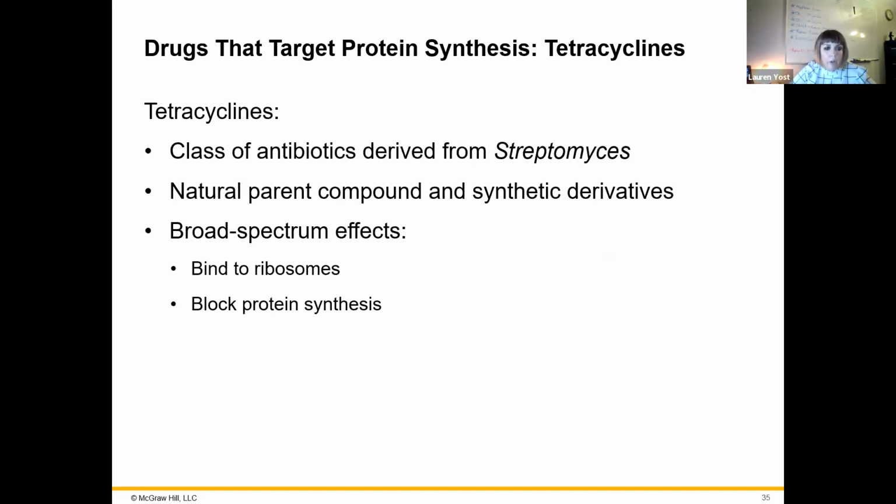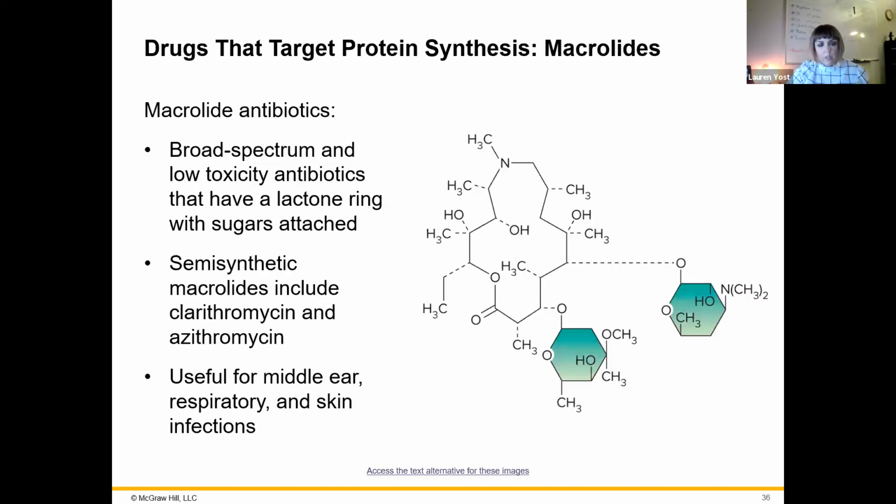They are derived from streptomyces. Cool. A natural parent compound and synthetic derivatives of this exist. There are several kinds of this, but they're going to block the ribosome and therefore protein synthesis. Then we have the macrolide antibiotics. They also associate with protein synthesis, stopping protein synthesis.